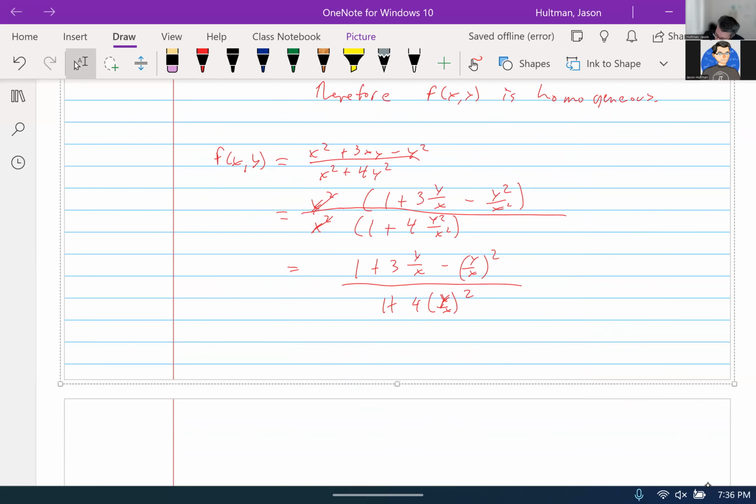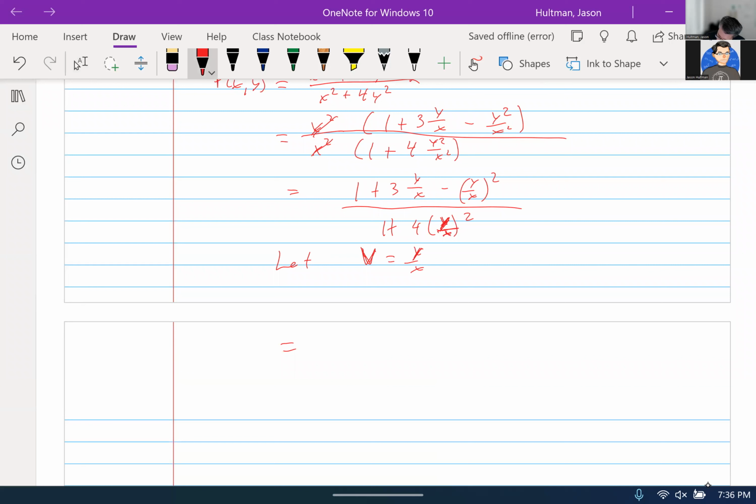Now if we replace this y over x with another variable, if we say let v equal y over x, then we could think of this as a single variable. So this could be 1 plus 3v minus v squared all over 1 plus 4v squared.